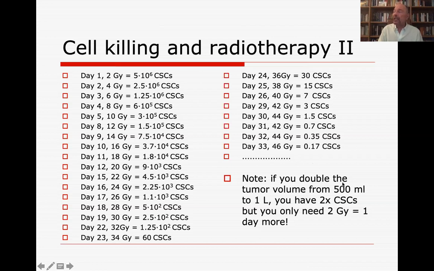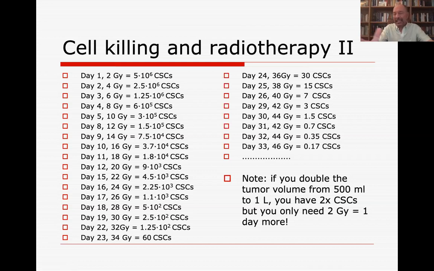If instead of half a liter you have 1 liter, a tumor whose volume is 2 times bigger, you don't need the double dose. You only need 1 day more, because this only means that the number of cancer cells is not 10 to the 7 but 2 per 10 to the 7. And then you only need 1 more day, and you can treat also the large tumors.